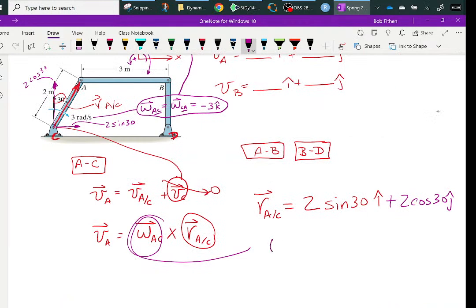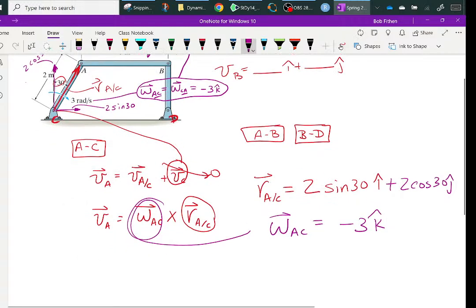So with that, omega AC or omega CA, doesn't really matter, equals minus 3K. So now I've got both these vectors, and I can look real close at what velocity A is.